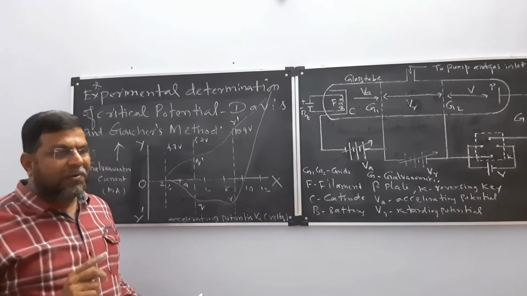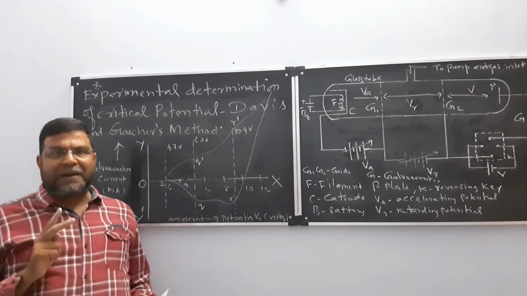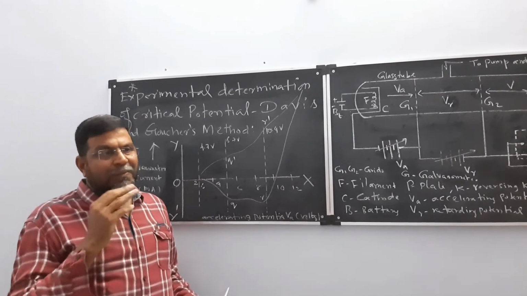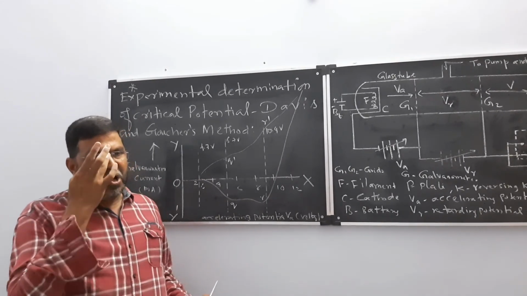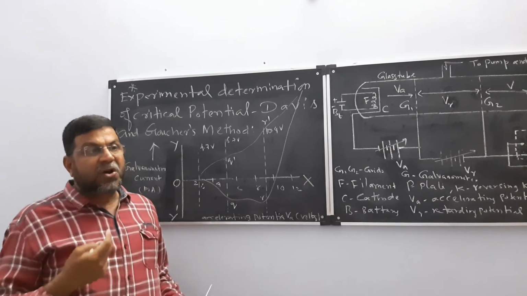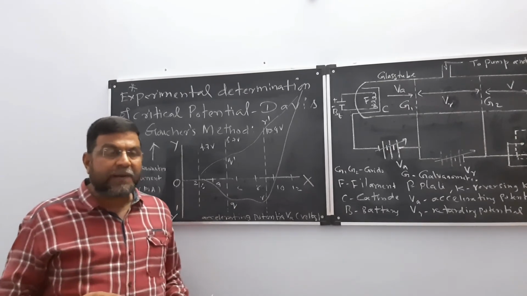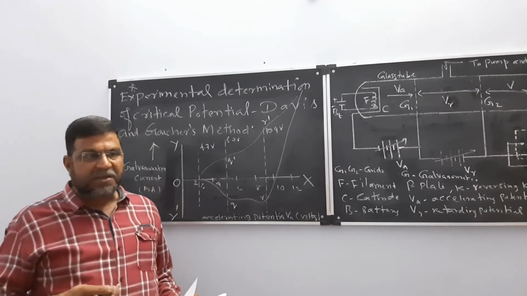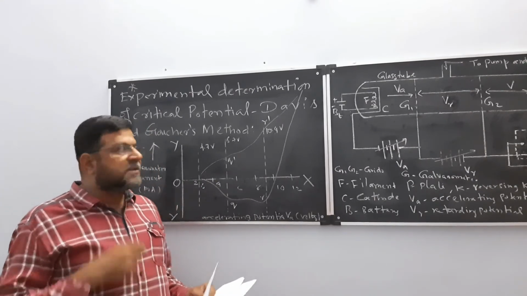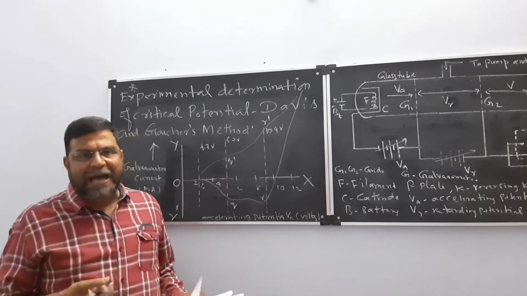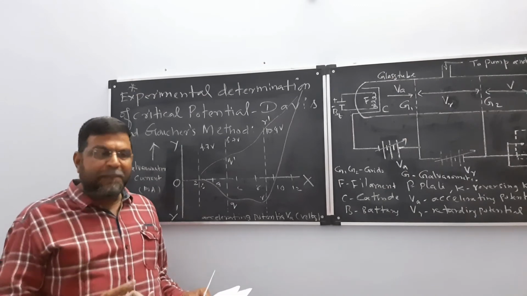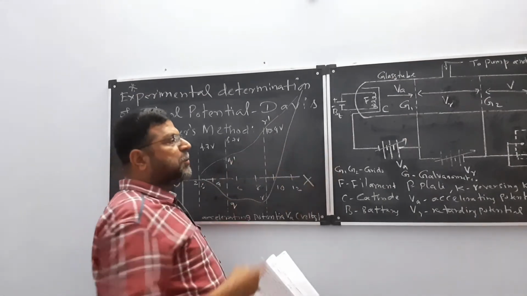I told you already that Franck-Hertz's experiment had two defects. One, we were not able to maintain vacuum for a very long time. Second, we were not able to differentiate between the excitation and ionization potentials. So after Franck-Hertz, Davis and Goucher took up the challenge. They said that we will take mercury gas, same procedure, but they are using two grids.